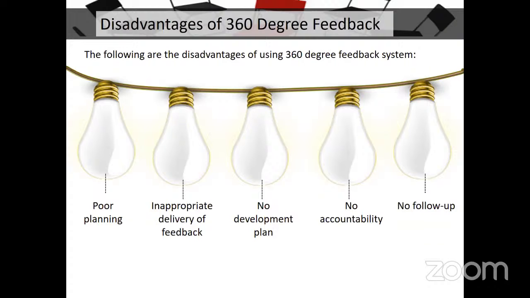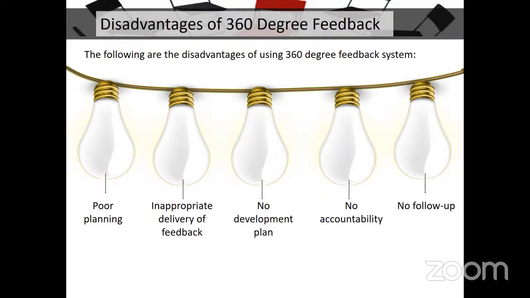Inappropriate delivery of feedback, and in most cases is in case people don't understand the tools that they're using, then definitely they give feedback that is not appropriate. No development plan. It's just a system and there's no output. So you really need to develop the output and let people see that after all this, have we been able to have a development plan on the way forward? No accountability.